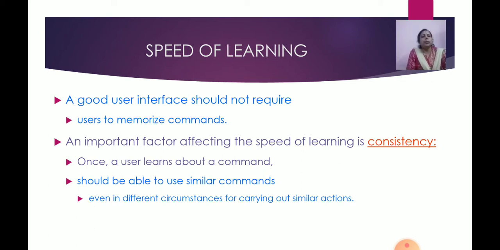Means when one command is learned by the user, he can use the same type of command easily in any circumstances, so that learning will speed up. Okay, so the command should be easy to use. This will speed up the learning.